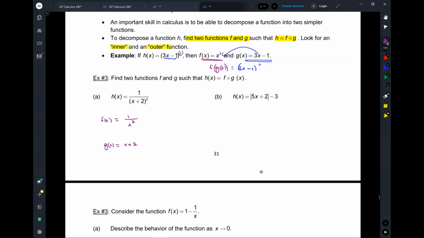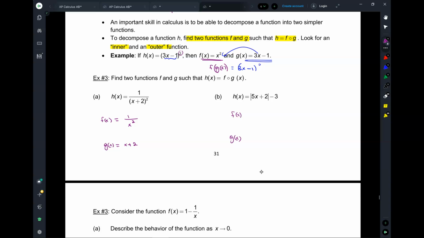All right, what about the other one? The absolute value. F of x be minus 3 because it's outside. You want your f of x to have a variable for you to plug in the other function.